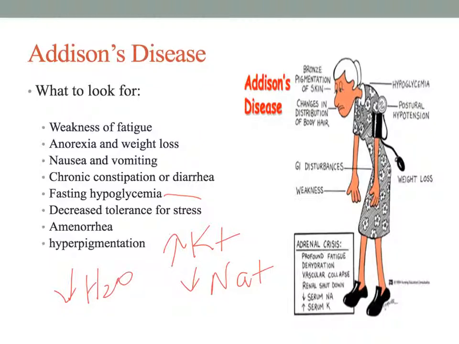So a patient with Addison's is going to have a high potassium, low sodium, low water. Patients with primary Addison's disease will have hyperpigmented coloring to their skin. This is because of the destruction of the melanocytes.